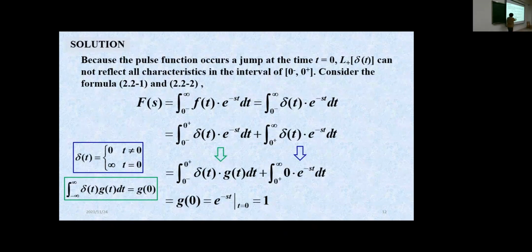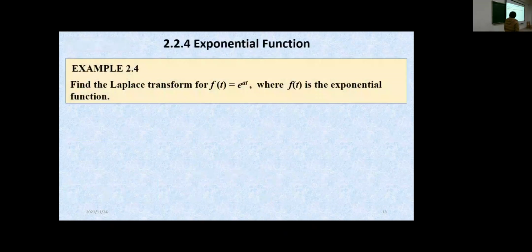So g(t) is just what? The next element, the exponential function. But we have the index of it, what? at. It is called the exponential function. How to get the Laplace transform for this?